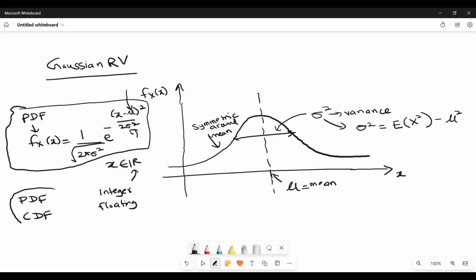Finding these PDF and CDF is super important when we are trying to predict something happening. In most research work, we want to find the probability of a certain event occurring.